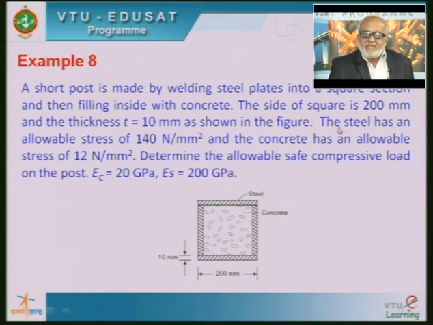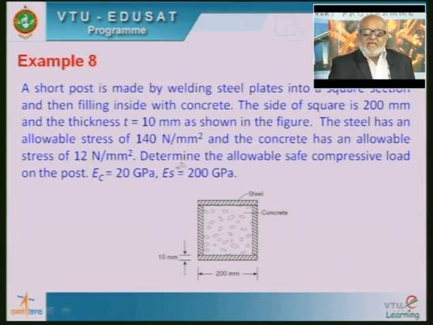What do we mean by this? The steel has an allowable stress of 140 Newton per mm squared, means the stress in steel should not be more than 140. And the concrete has an allowable stress of 12 Newton per mm squared. That means stress in steel should not be more than 140. Stress in concrete should not be more than 12.